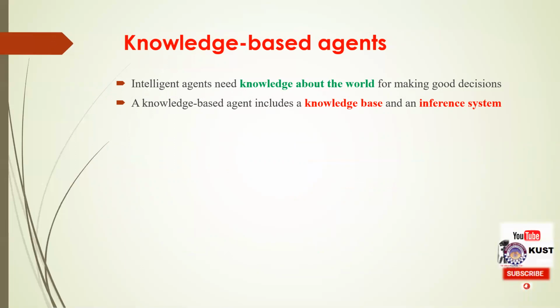As a person, we can say that a person is knowledgeable about something if he's able to do that thing in a better way. Similarly, in artificial intelligence, we need to copy that element in the agent, and such an agent will be known as a knowledge-based agent.